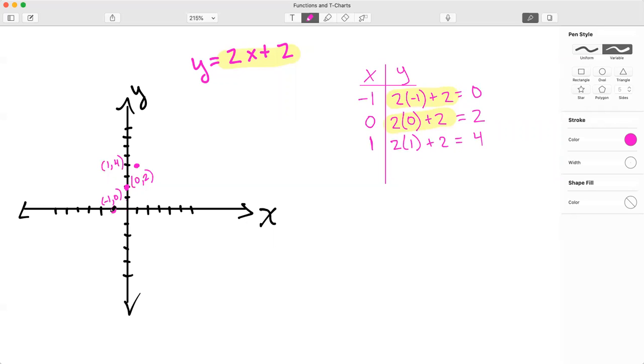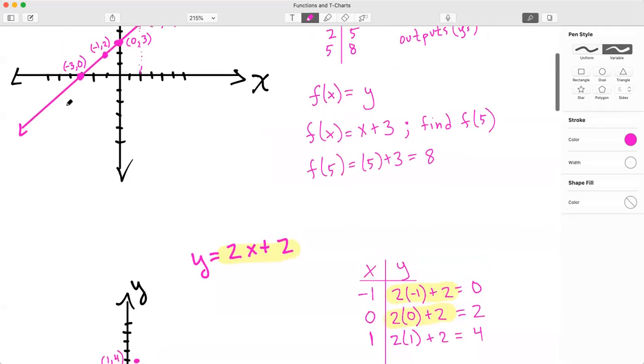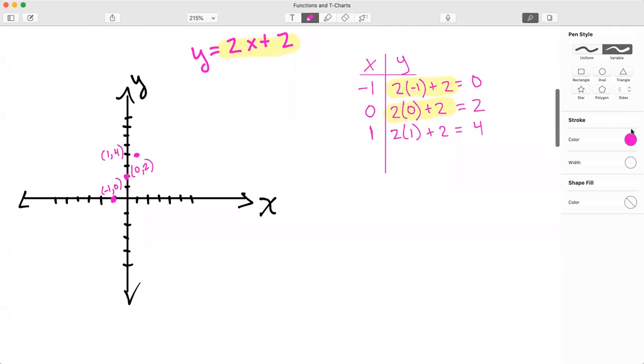Now we can see that this is starting to form a line. Like I had up top with the other graph, which I had already graphed for you, we can now draw a line for this second equation. Using a T-chart and just picking values for x and seeing what the corresponding y values are makes a line just like this.